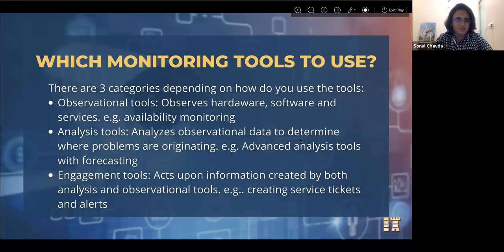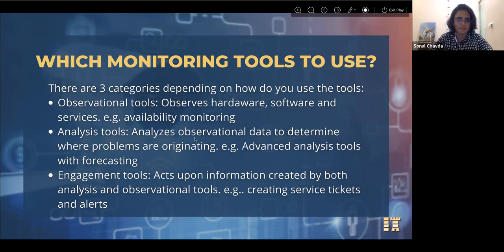The last part of our webinar is which monitoring tools to use. As mentioned since the beginning, there are many tools available in the market, and either you need to experiment with so many tools, or take help of experts who can select appropriate monitoring tools and configure them as per your business.